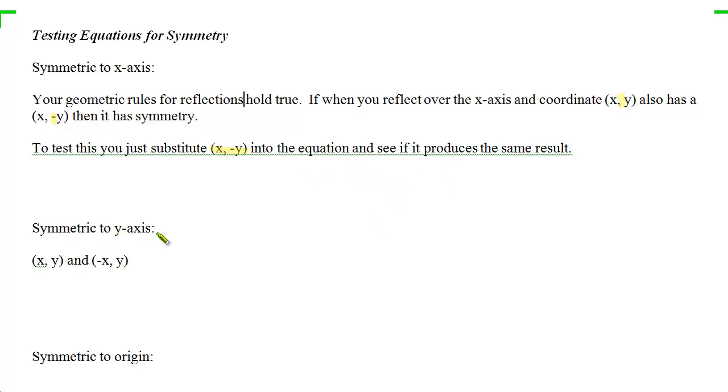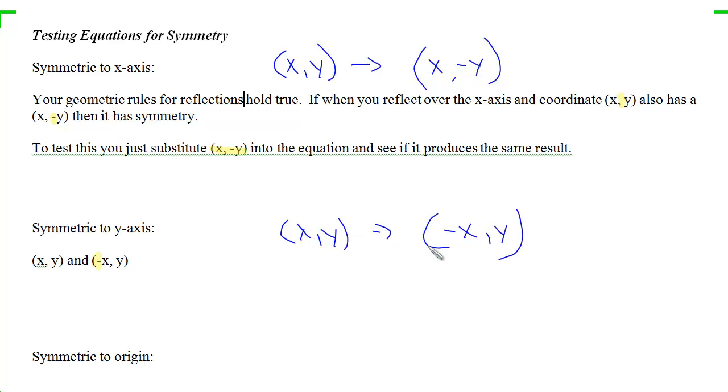It's the same thing for symmetry to the y-axis. You have your coordinate and the sign of x flips. So in geometry, we probably wrote these rules more like this. If I reflect across x, my (x, y) becomes (x, negative y). When I reflect across y, my coordinate (x, y) becomes (negative x, y).